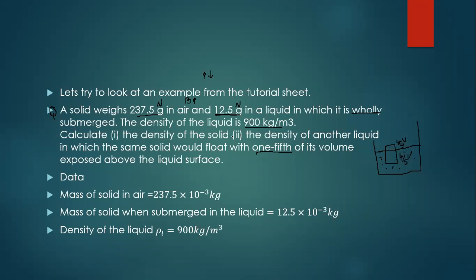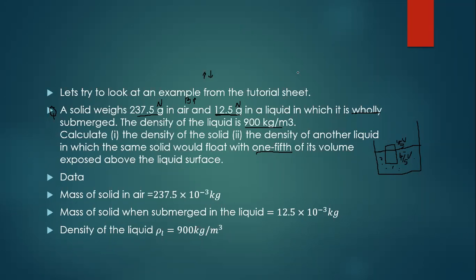Even before we solve part 1, let's just discuss part 2 for a short. So I've been told that 1/5 of its volume is above the surface. Then we expect 4/5 of its volume to be down. So which volume are we going to take when calculating our buoyancy force? Let's try and ask our new friend Mubanga.